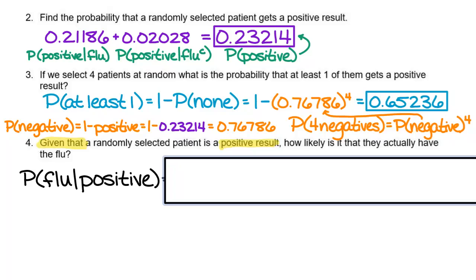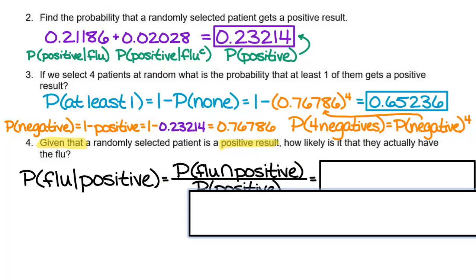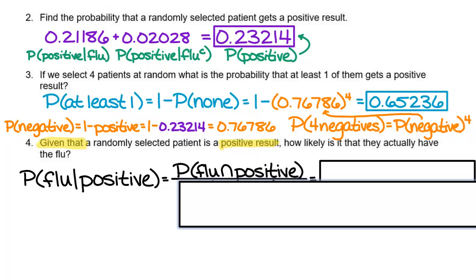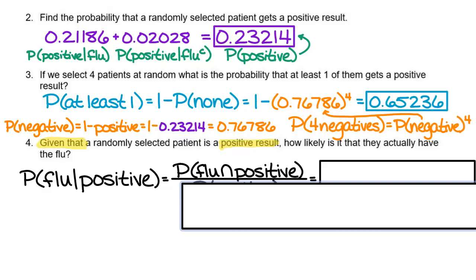Talking about notation now, I don't want a number. What goes up in the numerator? For a given that, what goes up in the numerator? Yes, the probability of flu and positive. What goes in my denominator?